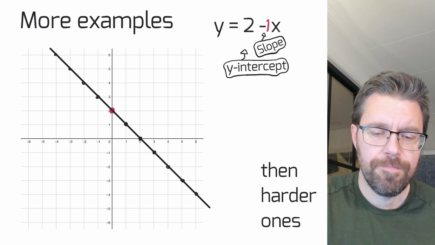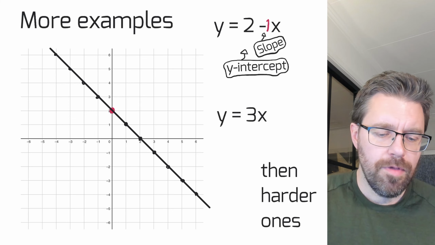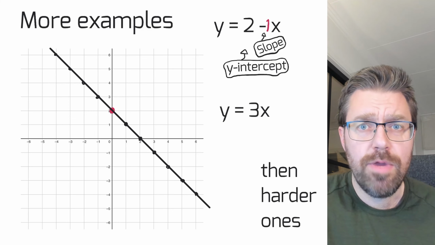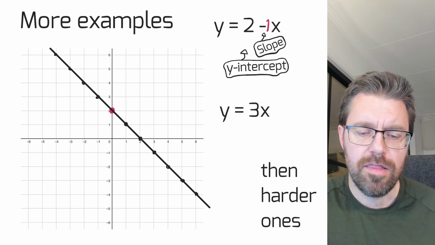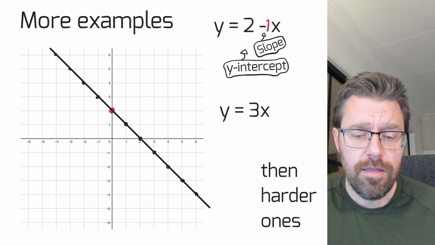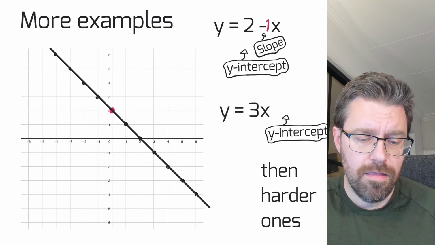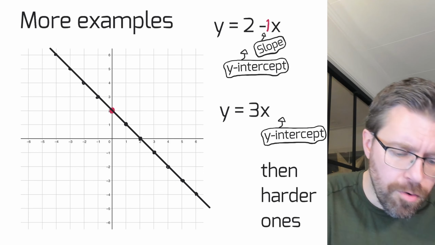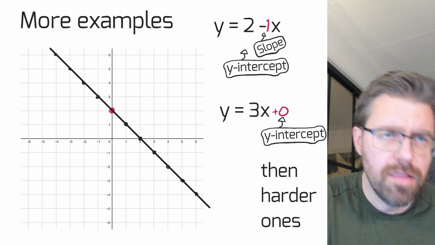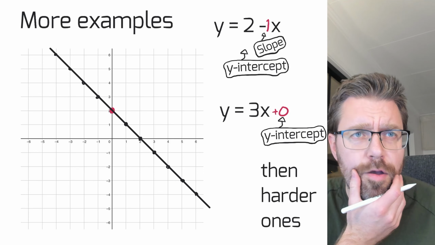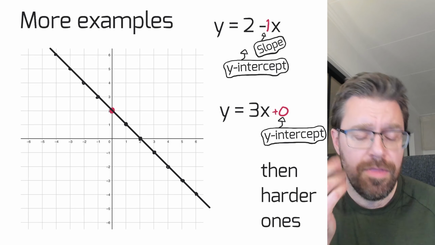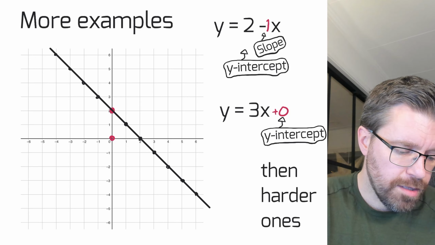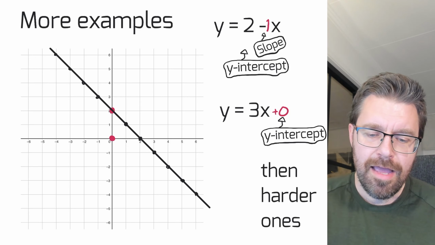Next question. Draw the line of this, y equals 3x. The first thing is to recognize the y-intercept, and this is the thing at the end here. It's 0 because there isn't a number there. So the y-intercept is 0, and then you have this point, and then the slope.